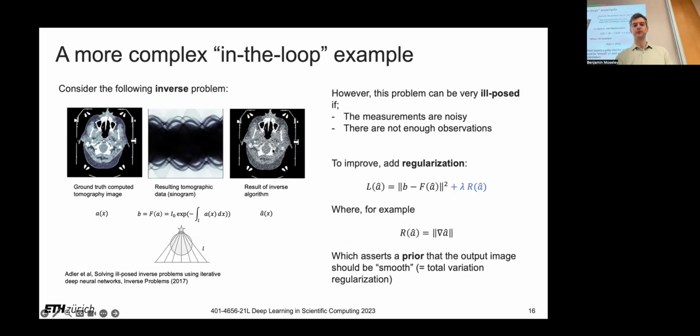So if we ran this inverse algorithm, it could give a very speckly answer, and with this type of regularization, it might remove the noise in the output of the inverse algorithm. This is called total variation regularization, and there are many other regularizing strategies you can use. It's just one idea.